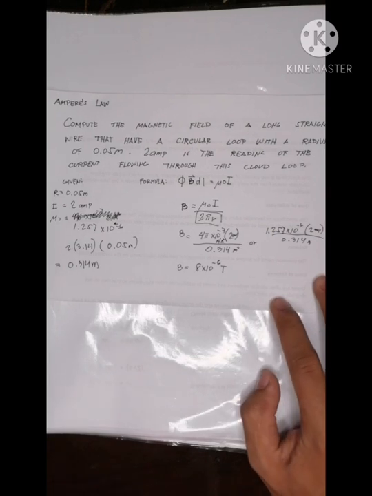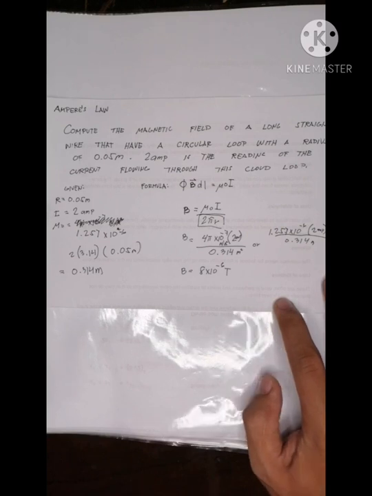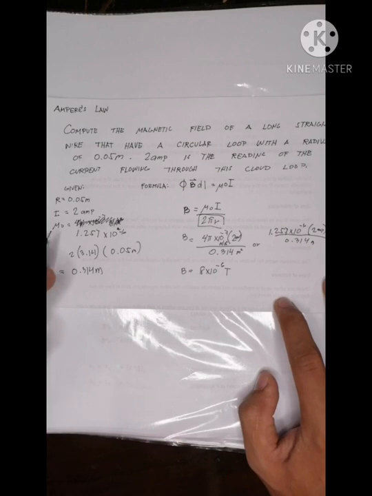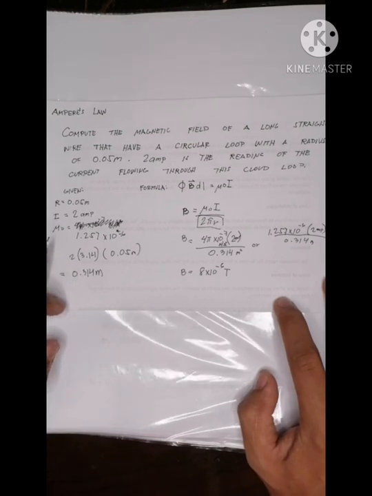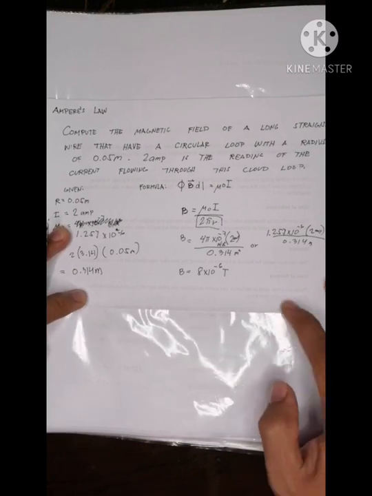So our given are a radius of 0.05 and a current of 2 ampere. Then our constant mu naught is 1.257 times 10 to the power of negative 7.